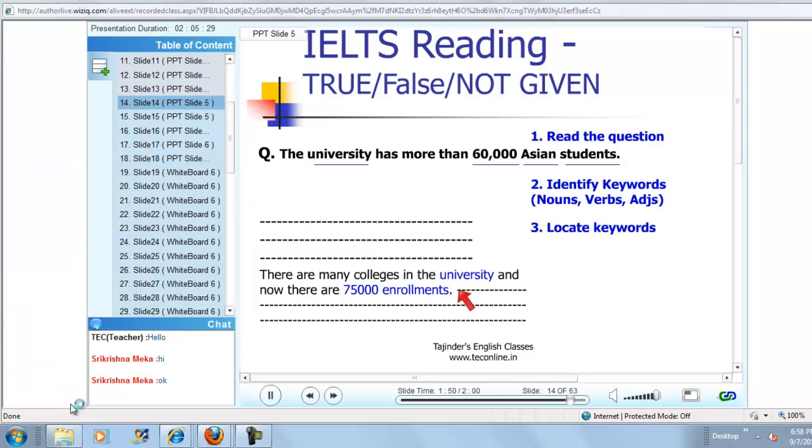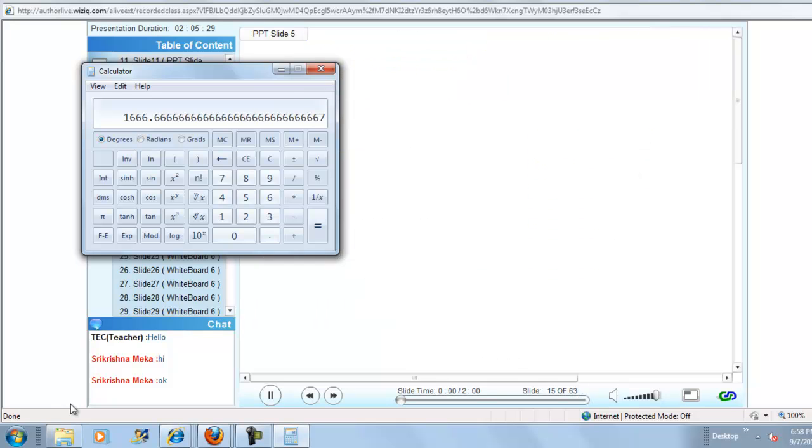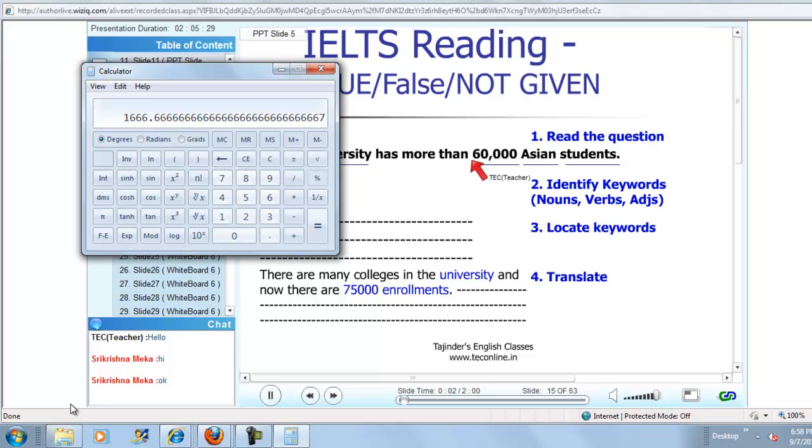Sri Krishna, this answer is not given. If you see the statement, the university has more than 60,000 Asian students. Now how many objects are mentioned here? Can you relate the objects? University is one object. Number is another object.